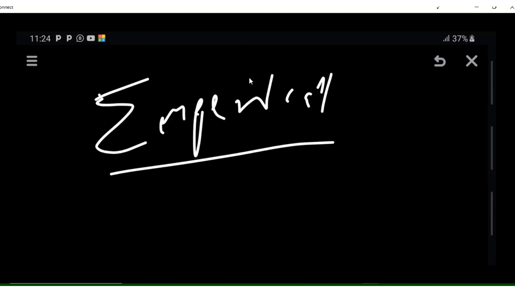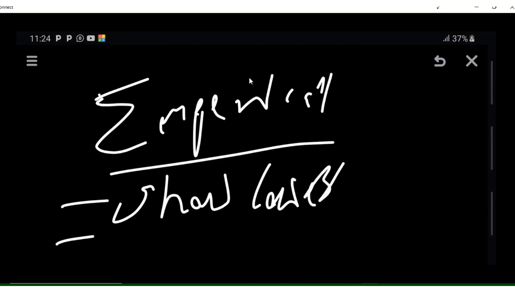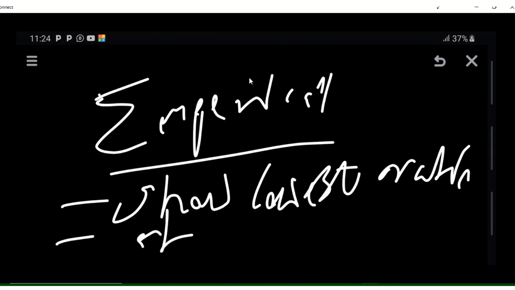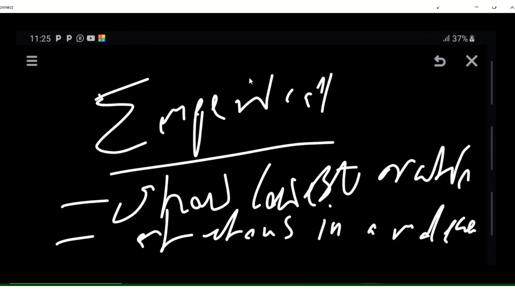Always, the empirical formula shows the lowest, or the least, ratio of atoms in a molecule.